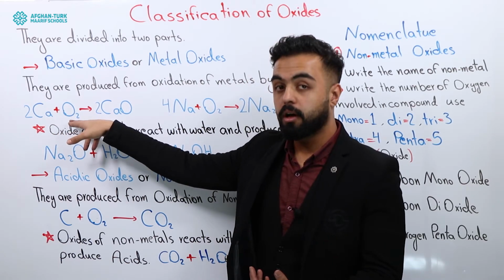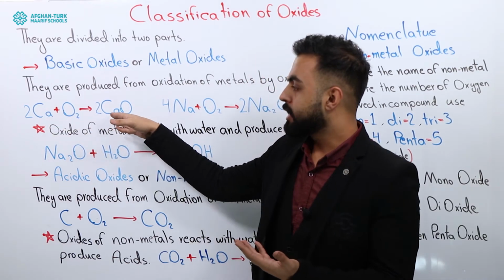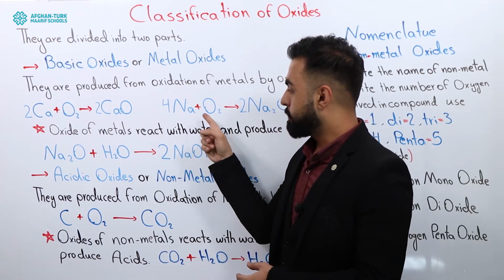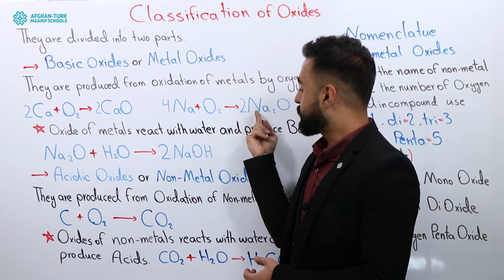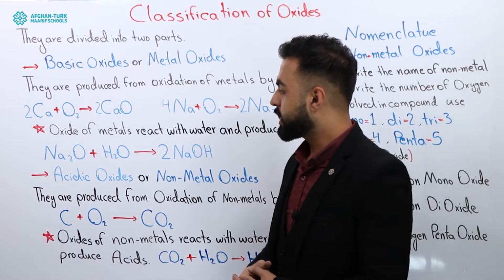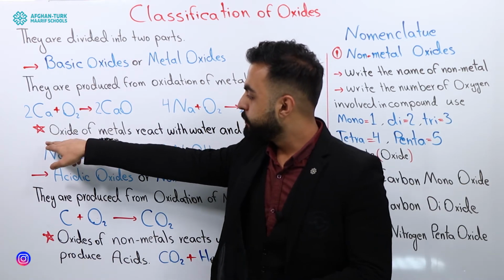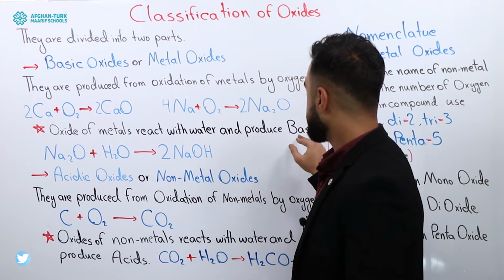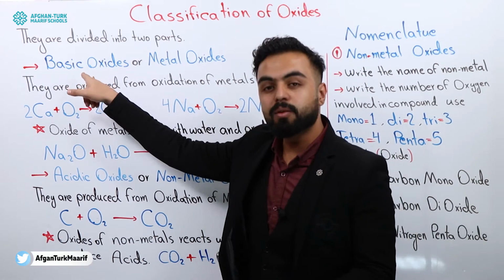Calcium with oxygen. Calcium is a metal. Calcium oxide is an oxide of metal. Sodium with oxygen will produce sodium oxide, which is an oxide of metal. There is a note. Oxides of metals react with water and produce bases. Here we say basic oxide.